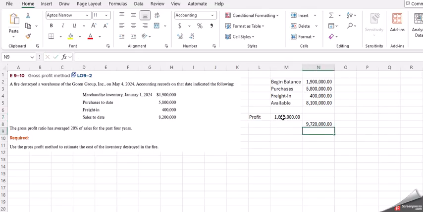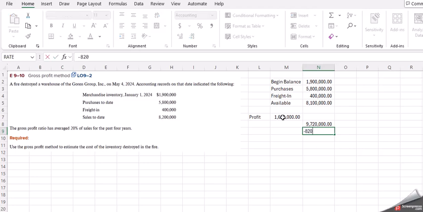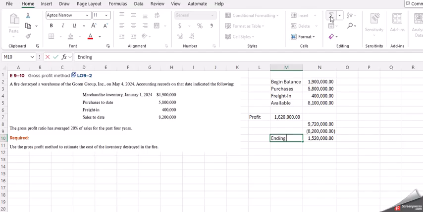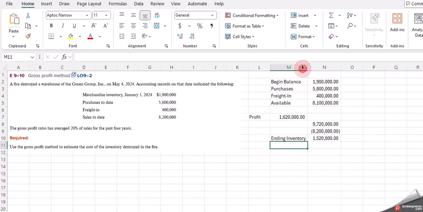So when we factor in the profit, we had 9,720 available to us, and we sold 8,200. So our ending inventory, or the inventory that would have been destroyed, our estimate would be $1,520,000.